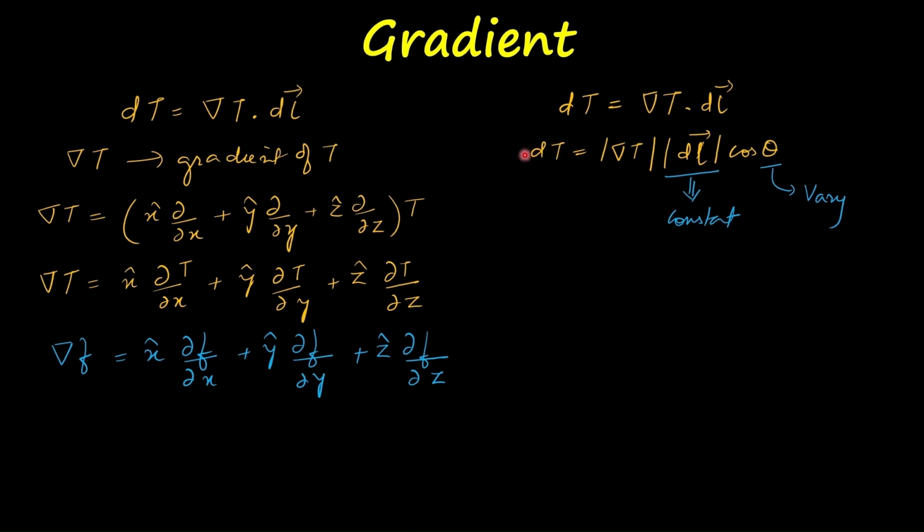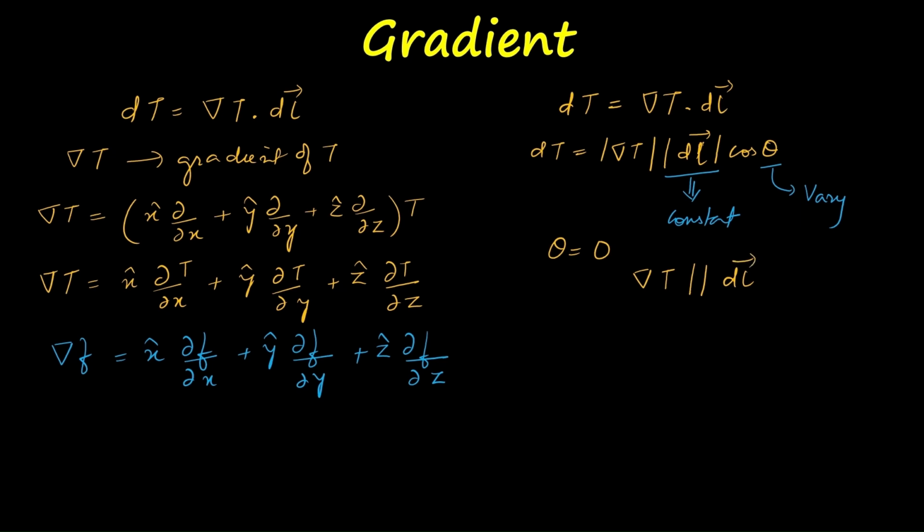So dT will be maximum when cos theta is maximum. And when will cos theta be maximum? When theta is equal to 0. So when theta is equal to 0, we can get dT to be maximum. But what is theta equal to 0 degrees? Theta equal to 0 means this vector is parallel to this vector.